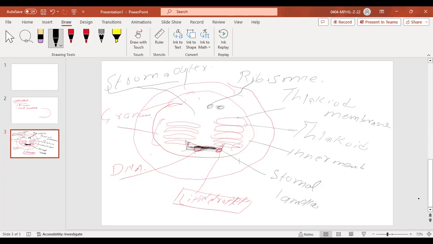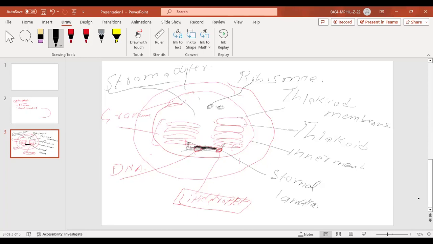Now another thing is, you must have a clear concept of this. There are two types of reactions which take place in photosynthesis: light dependent, the light reaction, and the dark reaction.